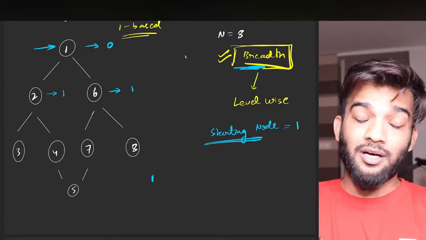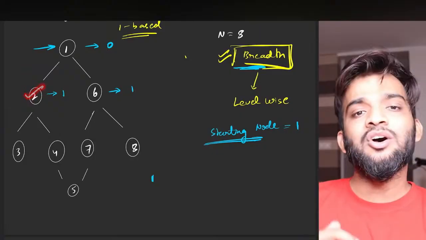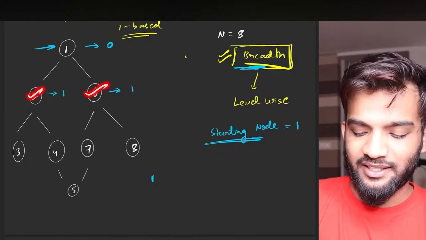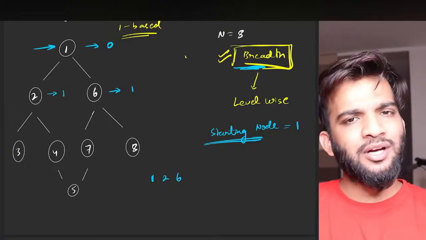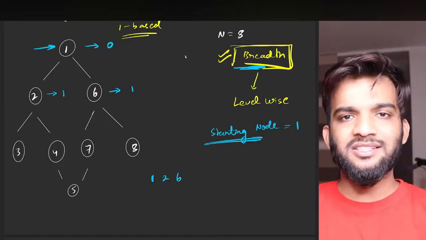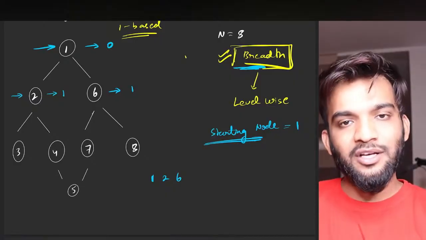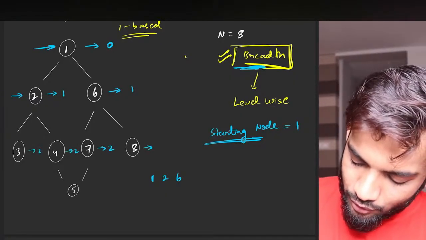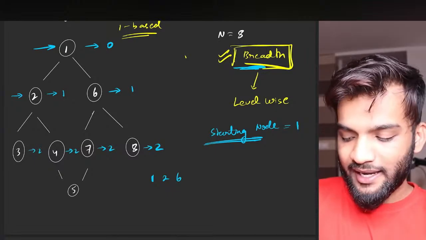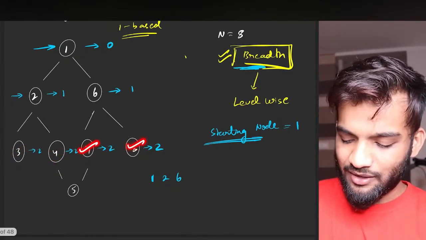Now in the breadth first search traversal, you can either traverse 2 and then 6, or 6 and then 2. That is completely your choice. So I will decide to travel 2 6. You can travel 6 2 as well. That is completely okay. Now the next level is level 2, and all these guys are level 2. So you can write 3 4 7 8, or something like 8 7 4 3.